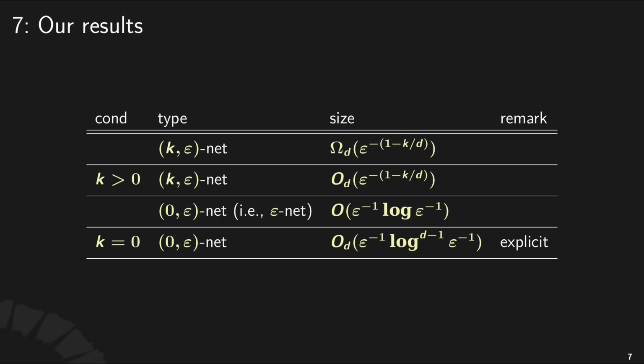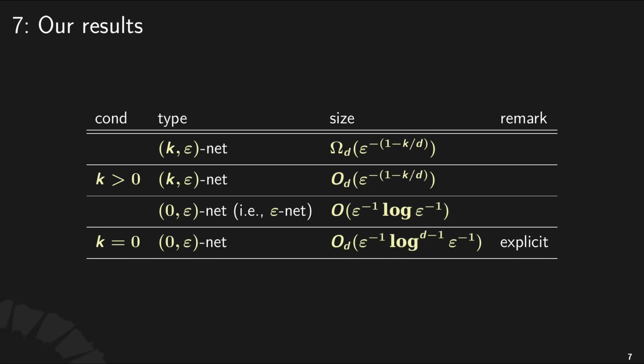If we insist on using 0-flat nets, essentially points, namely we're back to epsilon nets, then of course you can get the standard bound for an epsilon net. But the epsilon net bound is not explicit. It's essentially a random sample. There are deterministic constructions, but the algorithms don't give us an explicit construction, and they're complicated.